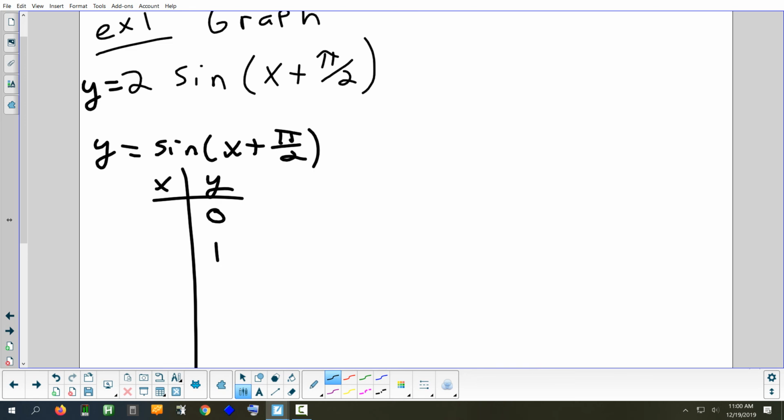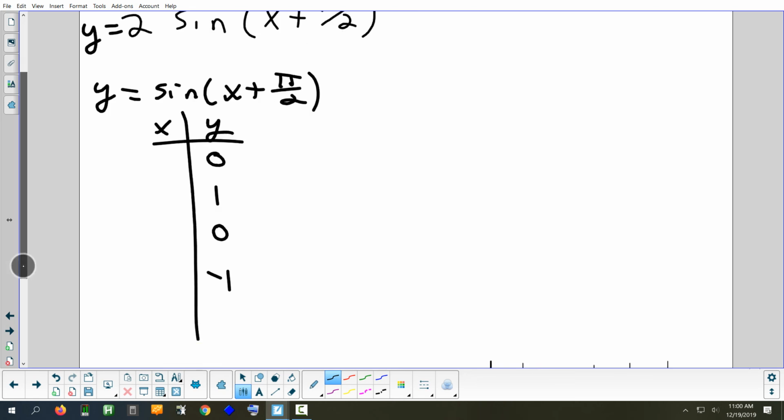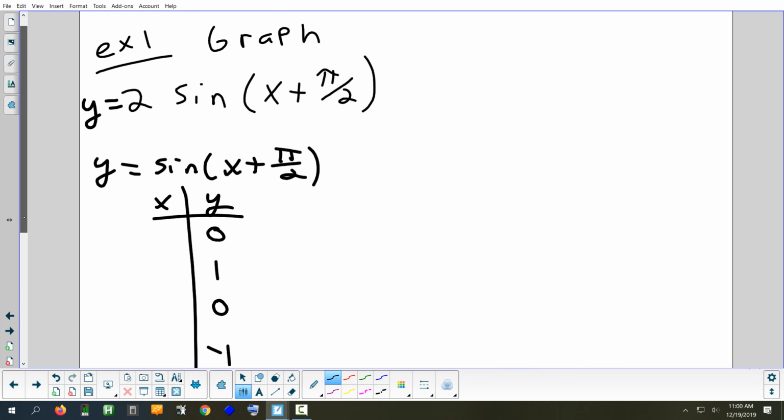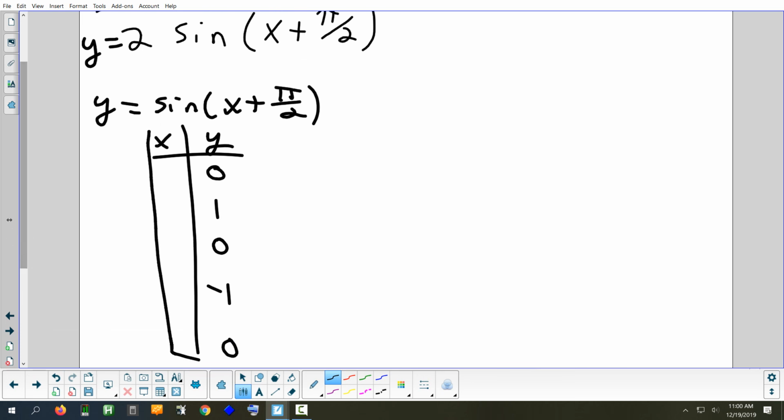Perfect. Now, on the outside of this box, I'm going to put my original x's. Sam, what are my original x values for sine? 0, pi over 2, pi, 3 pi over 2, 2 pi.